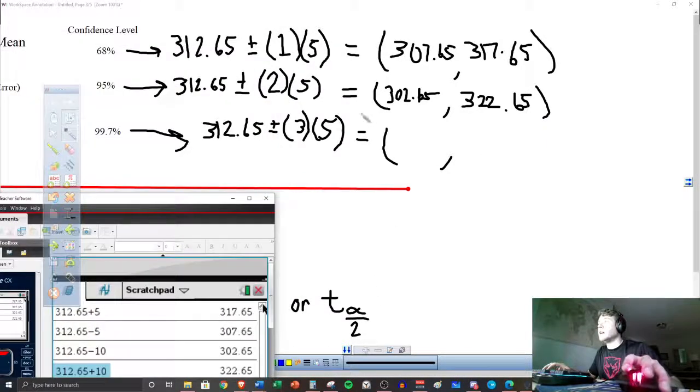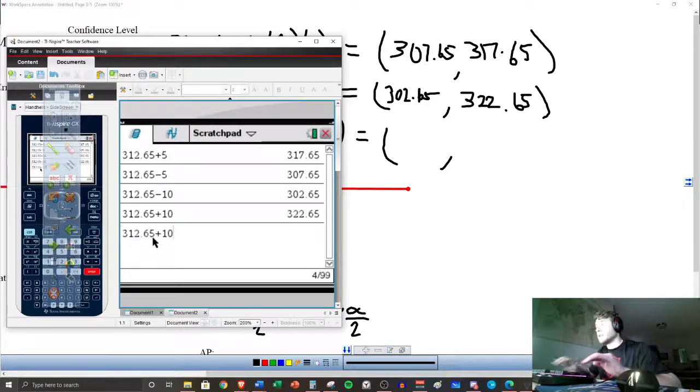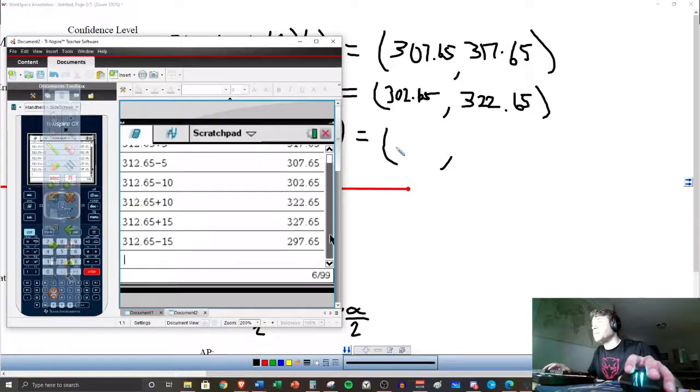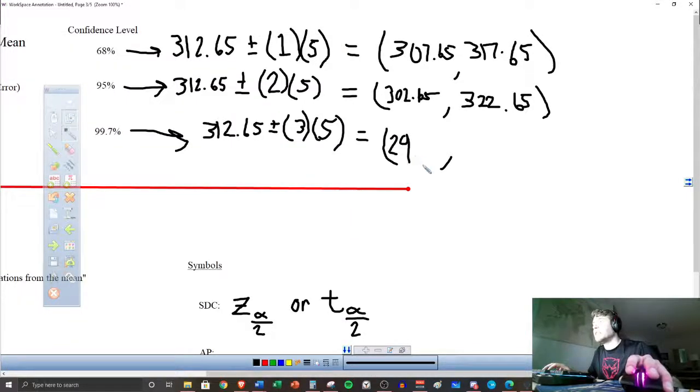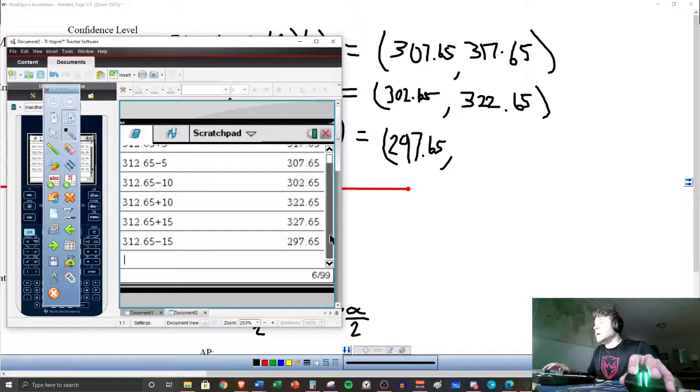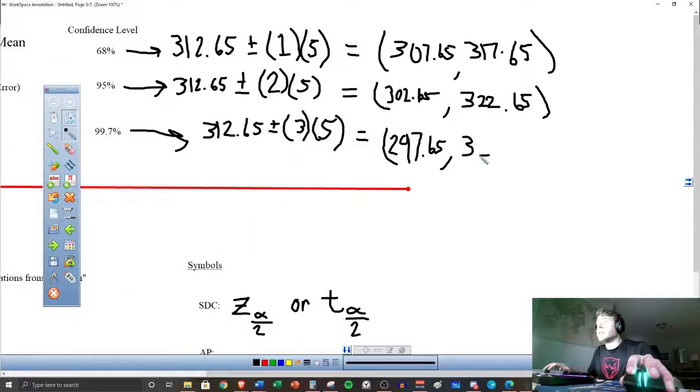So our margin of error is 3 times 5 this time, so that's 15. So we'll do the lower boundary and the upper boundary. So 297.65 and 327.65.